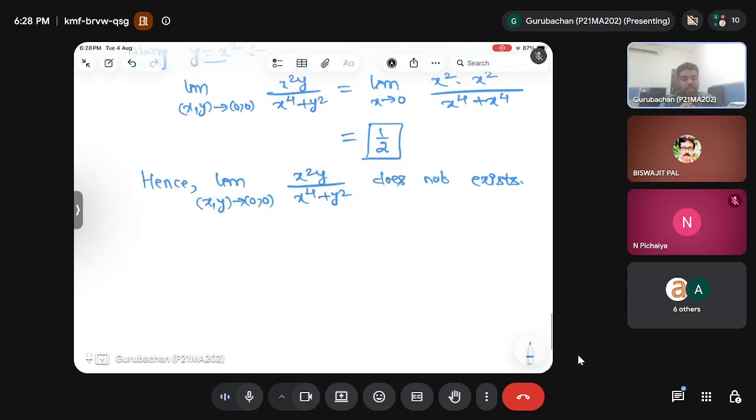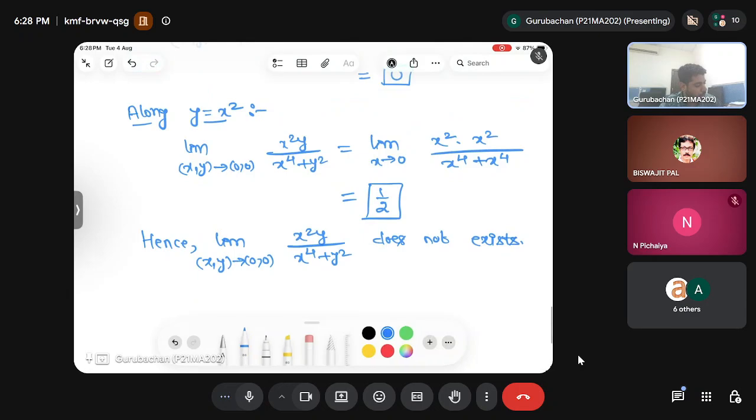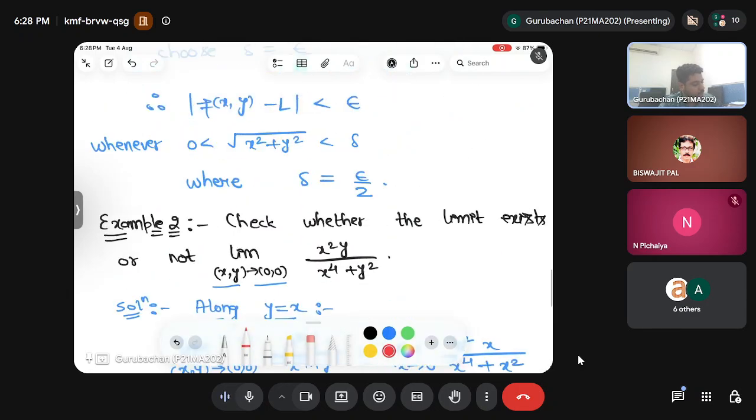Now what is the general approach? The general approach is to choose something of mx type. Now observe here that the degree of x here is 2, the degree of y is 1, here the degree of x is 4, and the degree of y is 2. So if you want to make all the degrees equal so that your variable will cancel out, what will you choose? y in terms of x square.